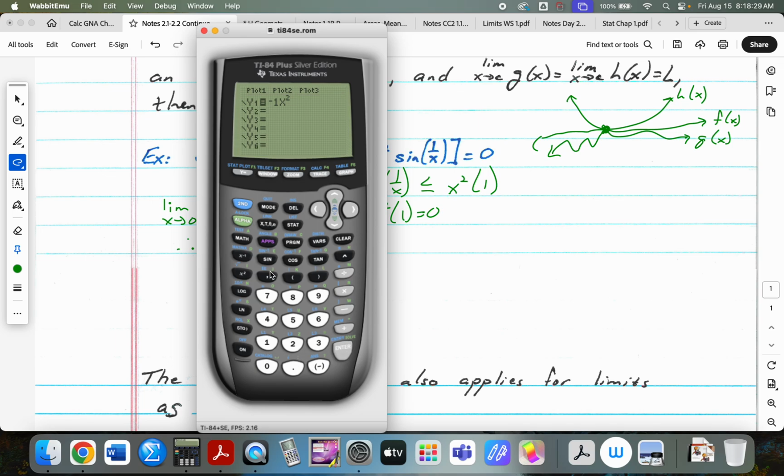And the other one is just positive x squared. And then I look at x squared times sine of 1 over x. Let's do a zoom standard and see what that looks like.